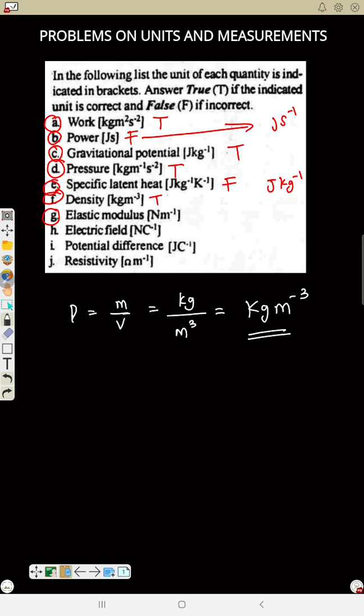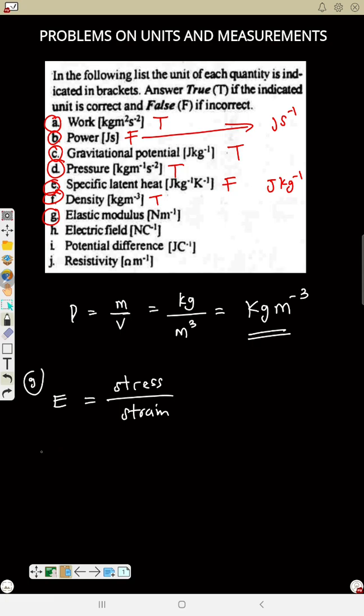I'm saying elastic modulus, rather, I'm saying electric modular, sorry. So elastic modulus is stress over strain. So this is for G, stress over strain.